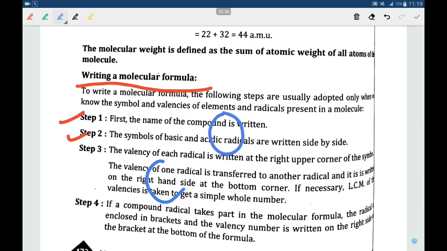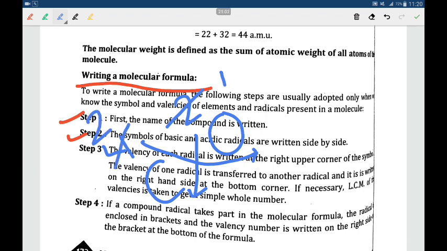then valency of carbon is 1, 2, is it? No, carbon is 4. Oxygen, now 4 goes in this side, 2 goes here. But here is 2 and 4, means simply you can cancel. 2 1s are 2, 2 2s are 4.